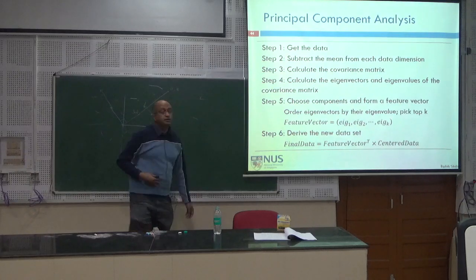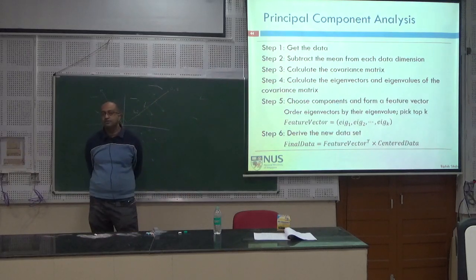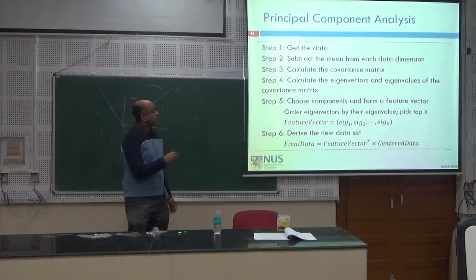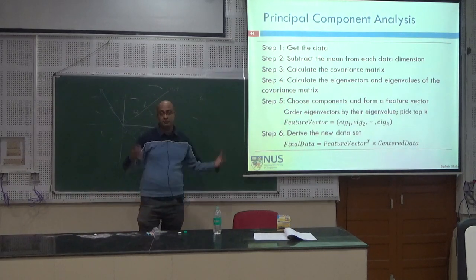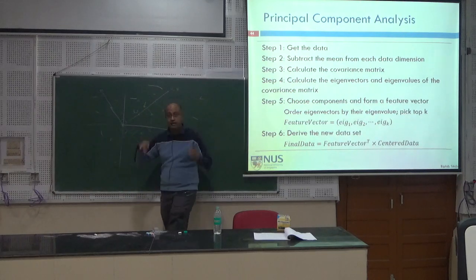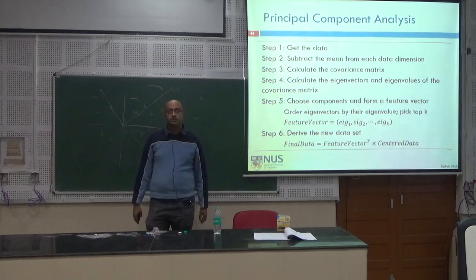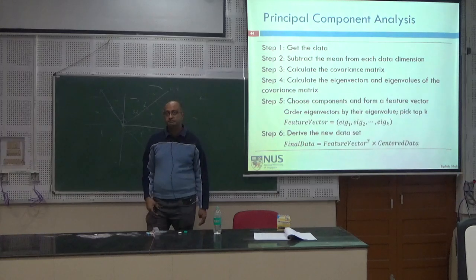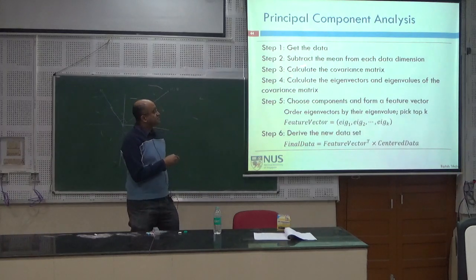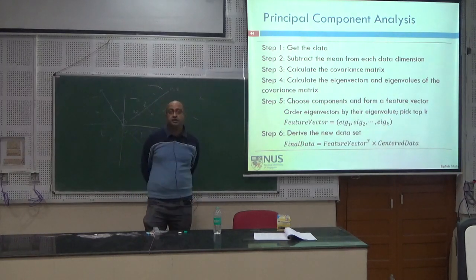So this is the algorithm, or the steps that you want in order to do principal component analysis. First step, you get the data first. That's, in our case, we'll get the camera data. So we'll get the data, everything is good. Next step, subtract the mean out from every data value.